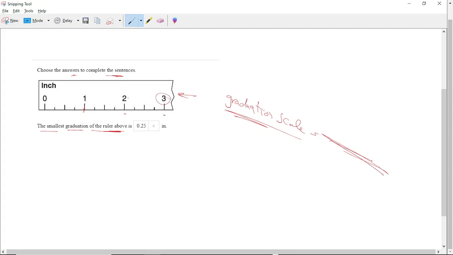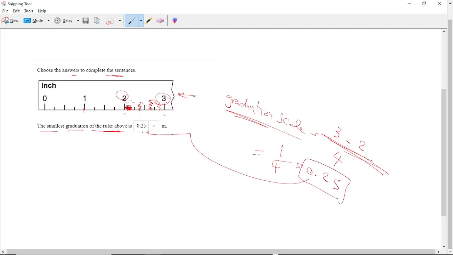For example, let's take 3 and 2 as consecutive numbers. So the difference would be 3 minus 2, divided by how many spaces between 2 and 3. Number of spaces, I have 1, 2, 3, and 4. So it will be 4, which will be equal to 1 over 4. So now 1 divided by 4 will be equal to 0.25.